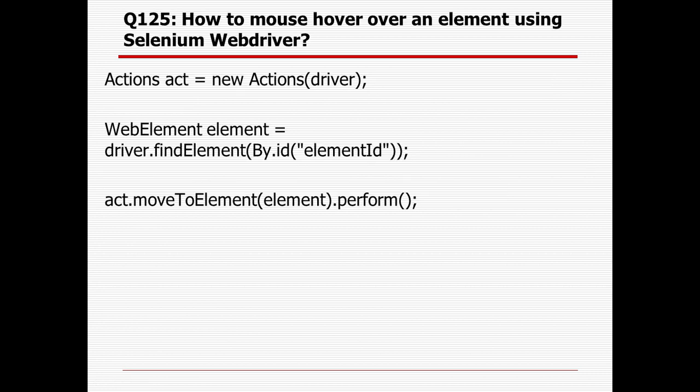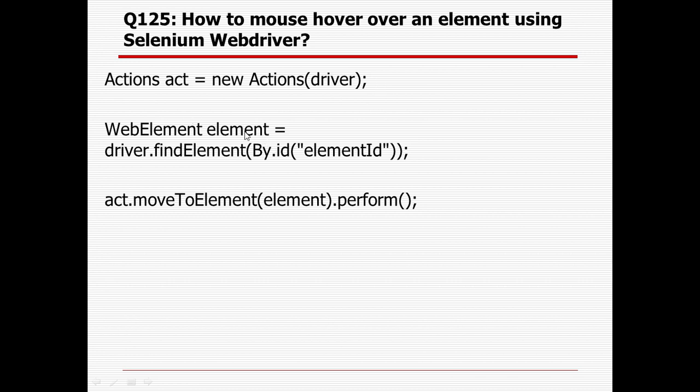How to mouse hover an element using Selenium WebDriver, right? You already know the mouse hover, right? Whenever there is an option, under the option there are a lot of sub options. Suppose in any kind of Flipkart shopping, if you click on the options, a lot of sub options will be displayed. That is called mouse hover. After clicking on one thing, you need to click another thing. For that you need to use the Actions class and create an object instance, new Actions, and pass the driver reference.